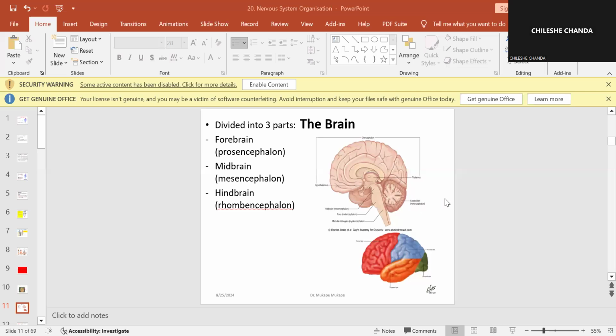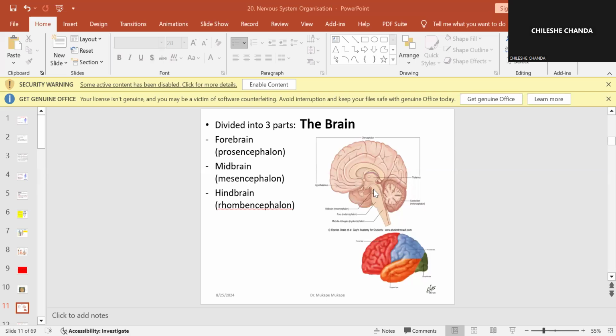So when you look at this, you are going to notice that we have this cerebral hemisphere here, that is the forebrain. And then we have the midbrain, which is somewhere here, known as the mesencephalon.